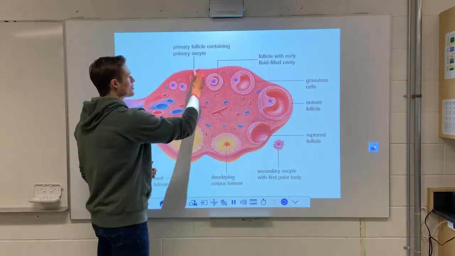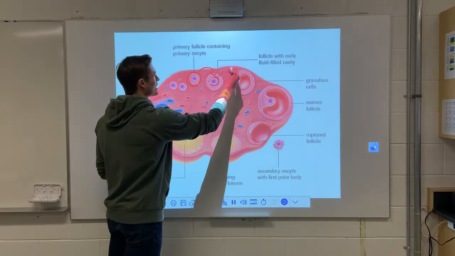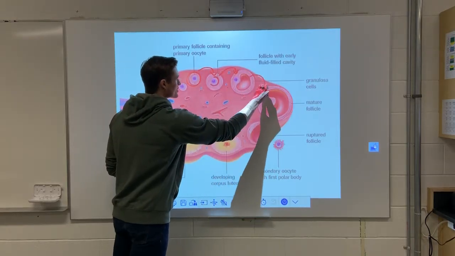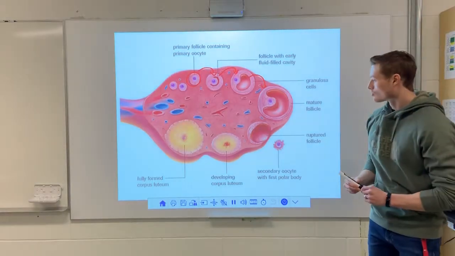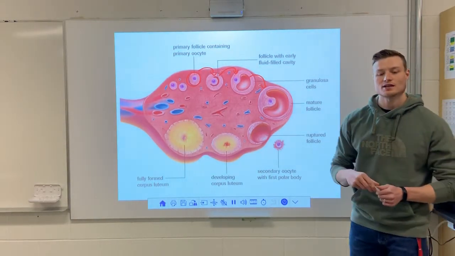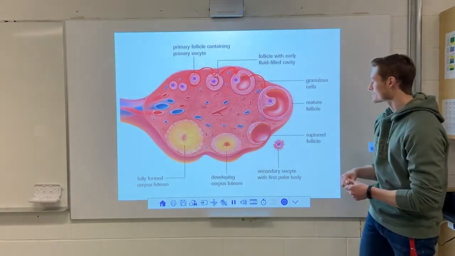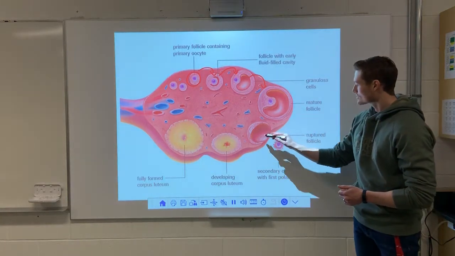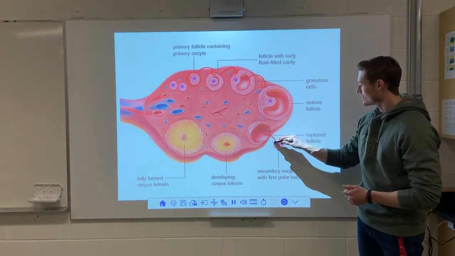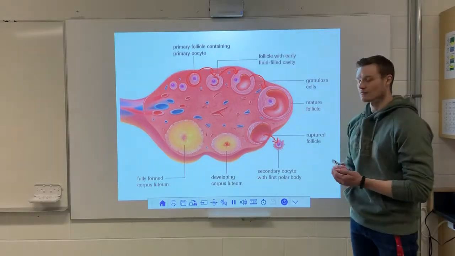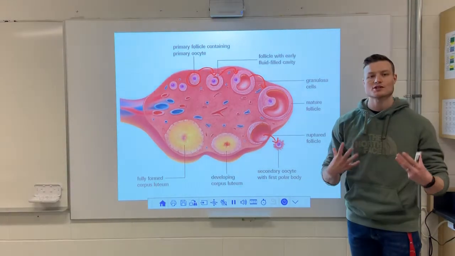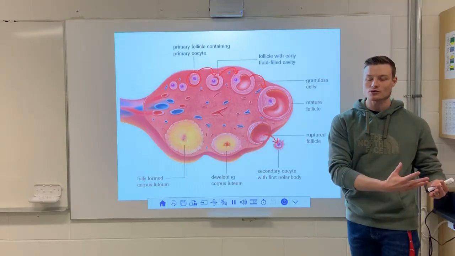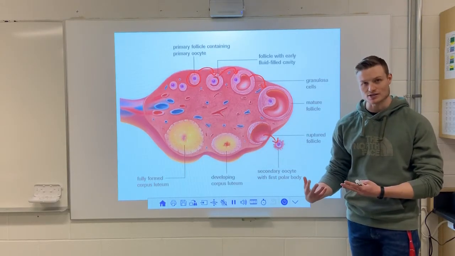So our primary oocyte is going to get larger and larger and larger as the menstrual cycle goes on. Now, roughly day 14, like I was saying, in ovulation, this primary oocyte is going to escape the follicle and burst out of the follicle during ovulation. During this stage, it's going to transform from a primary oocyte into a secondary oocyte.